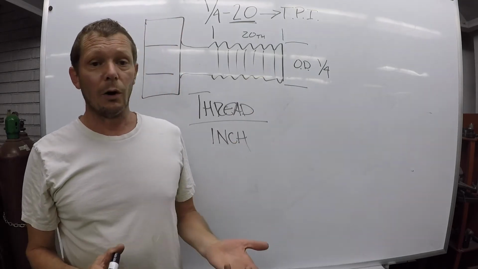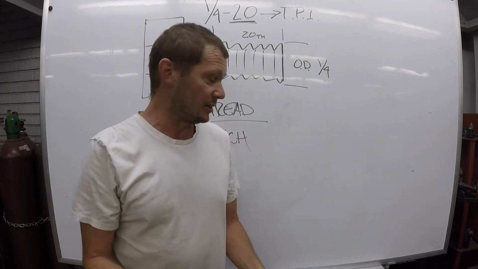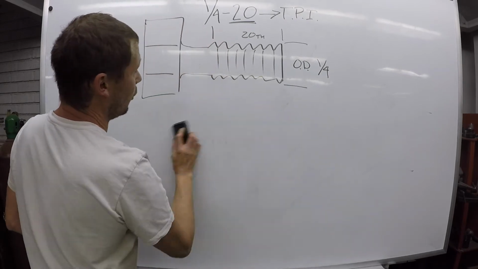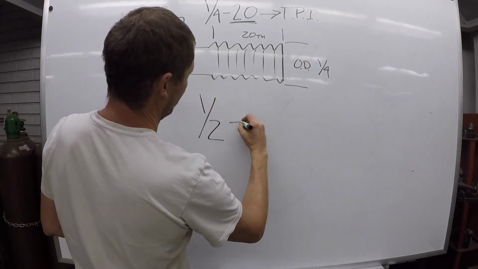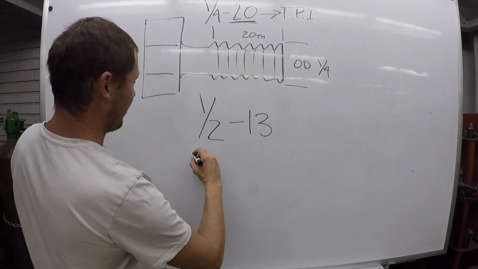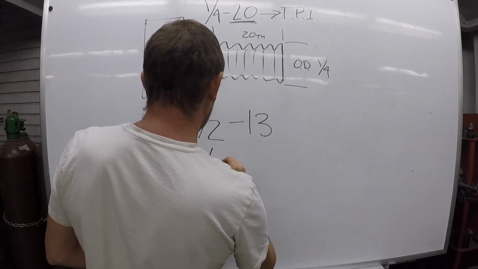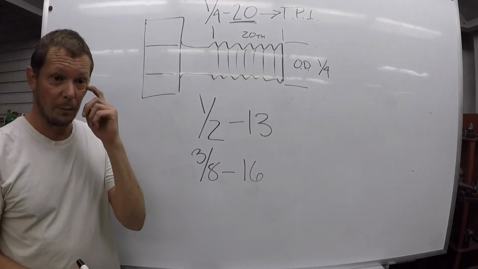So when you go to Home Depot or the hardware store and you're looking through the bins and it says 1/4-20, or another example, 1/2-13, that's really common. 3/8-16, that's really common too.